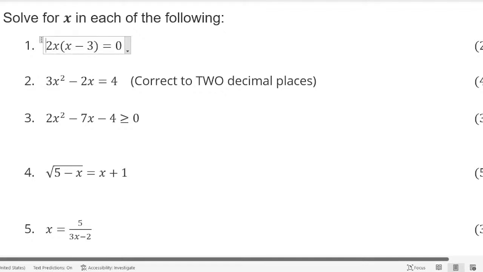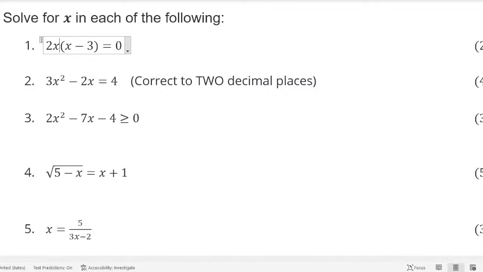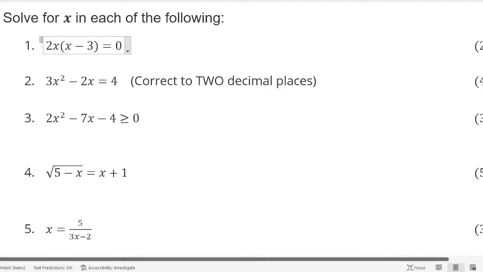Here we have 2x times x minus 3 is equals to 0. So this one is 2 marks because the examiner has already factorized this equation for you. So you just equate the values of x.